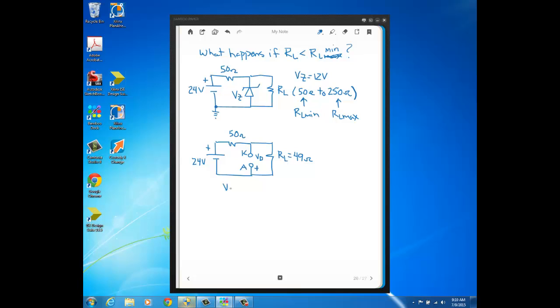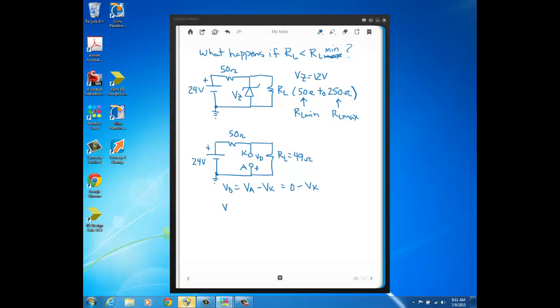So, VD, oh, I forgot to put the ground here in the circuit. VD, like we said, is VA minus VK. VA is grounded. So we just have to find VK, which is the same voltage as what's across RL.